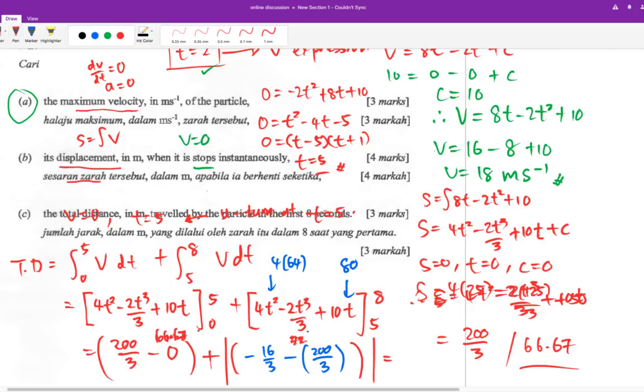Your final answer should be 138.67. Because it was hanging already, I just finished this one, and then I scrolled. I hope my answer is correct here. Yeah, 138 and 2 over 3. Yes, which is correct.